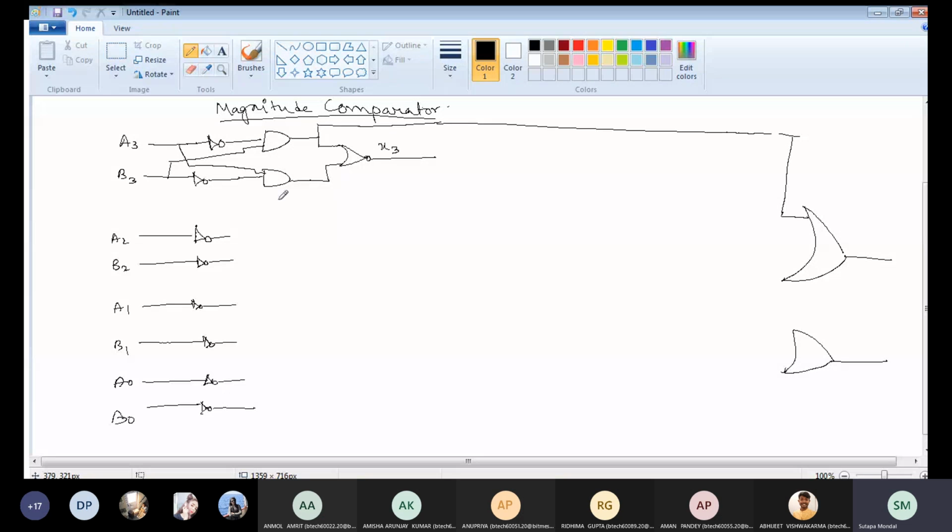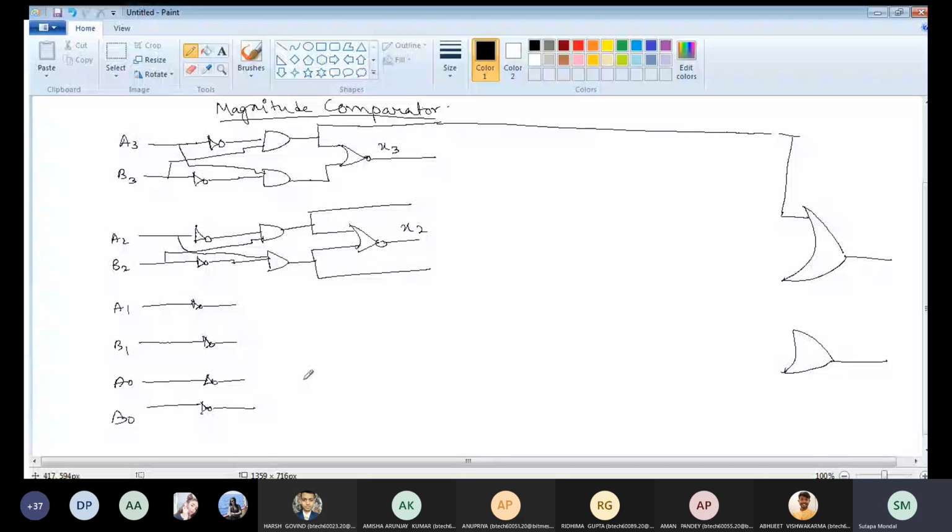Ma'am, you are making the magnitude comparator. Yes. Why dear, are you having any problem? No, ma'am. Okay, it is a very lengthy diagram actually. I'll explain it to you, then you can draw it, because you have all the values. Similarly, all those values will be there.